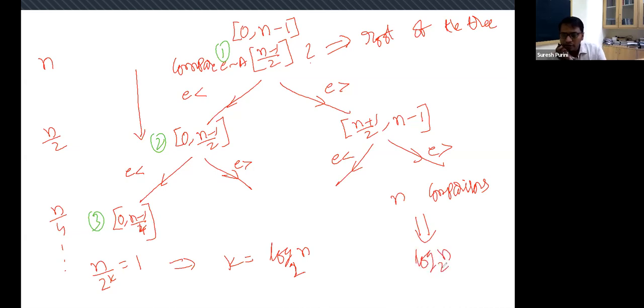But what is the catch here? That we need to put in effort. We have to pre-process the data. We have to sort the data to get to this log n to the base 2.